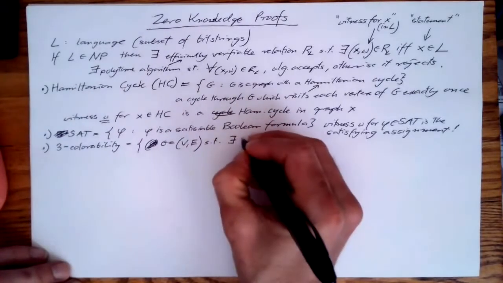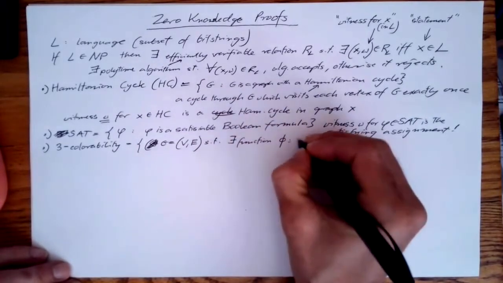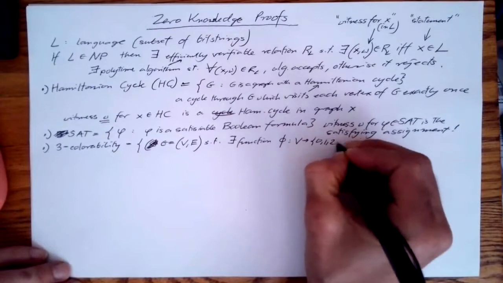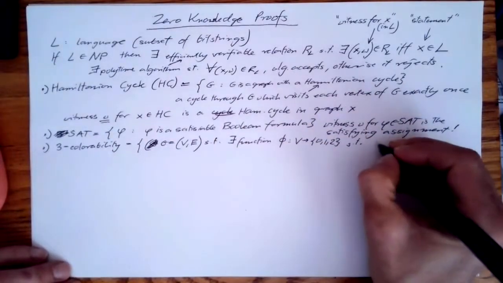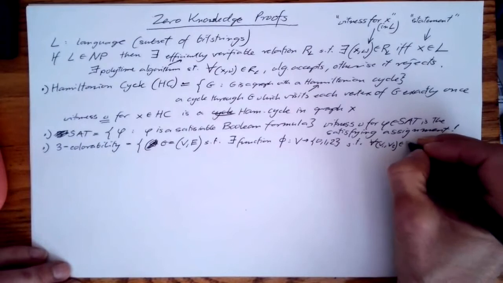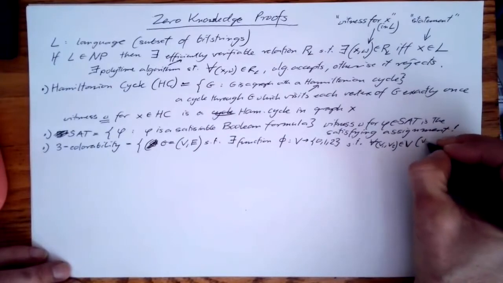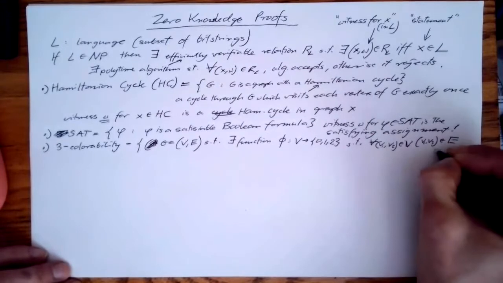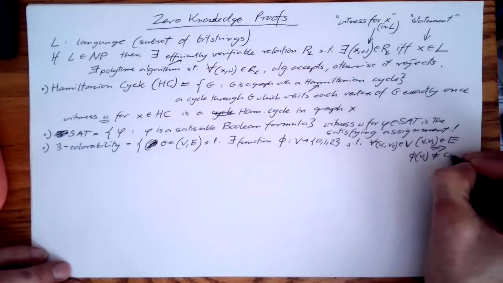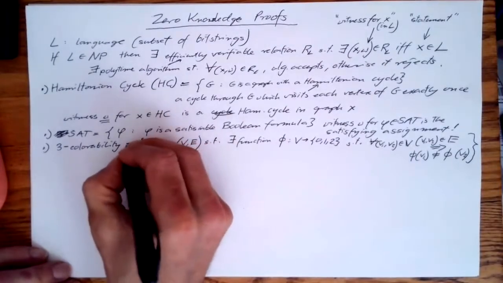That there exists a function phi from vertices to 3 colors, 1, 0, 2, such that for all vertices v1, v2 in V, if there exists an edge between them, then the color assigned to v1 must be different from the color assigned to v2. Okay, so that's 3-colorability.